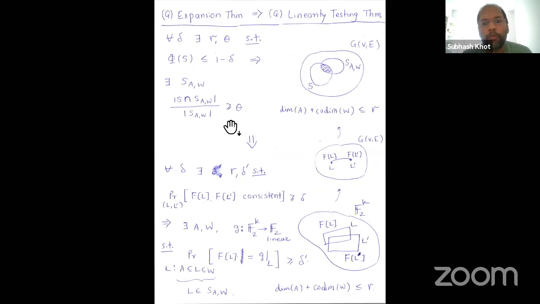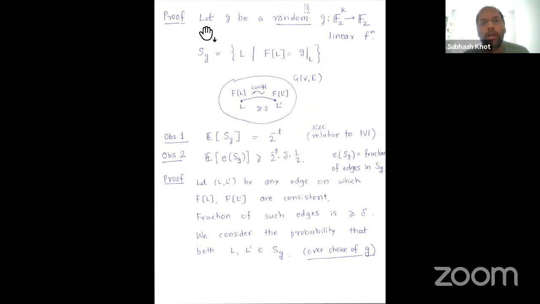So you have this table F, which has this delta consistency. And I'm trying to figure out how to use this zoom in and zoom out, A and W. Now, let G be a random linear function on the global space.